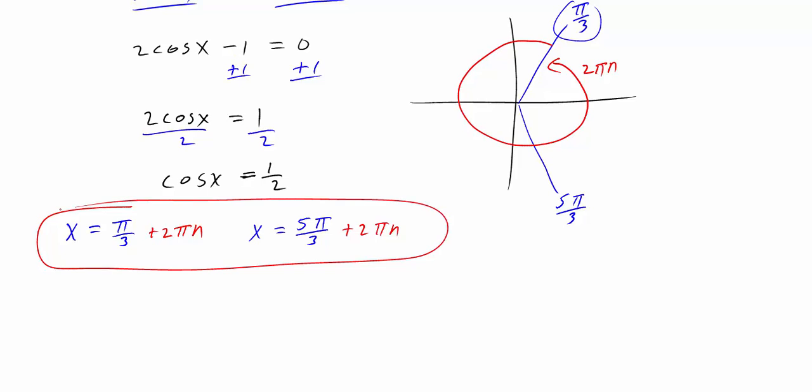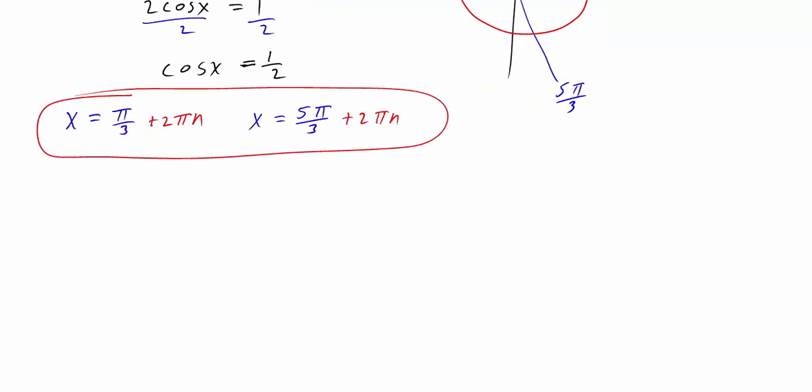So there we have our answer. Now at this point, if you wanted to, you could plug in an integer for n, multiply that by 2 pi and add it to the pi over 3 or the 5 pi over 3, and that would give you additional answers. So there's an infinite number here.